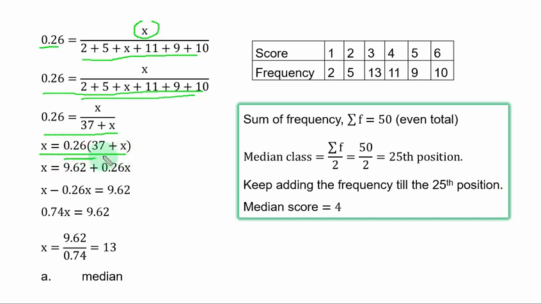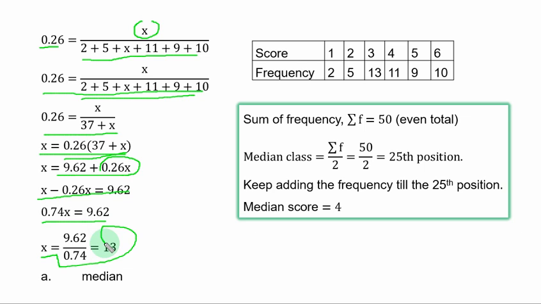If you open this bracket, you have this result. Now let's transfer this term to the left hand side, like terms collection. You have this result. When you subtract, you get this. To get S, divide both sides by 0.74. That is this, and you have 13.